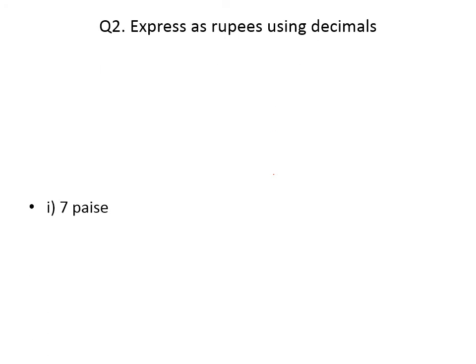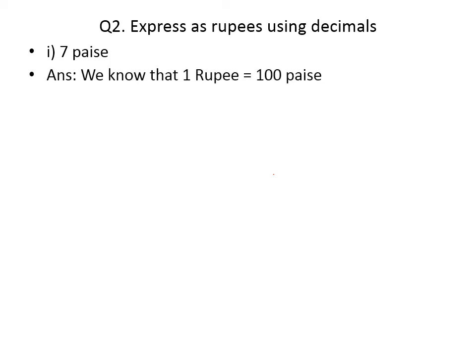Express as rupees using the decimals. 7 paise. Now the application of decimals, we can use conversion of paise to rupees. We know that 1 rupee is equal to 100 paise.